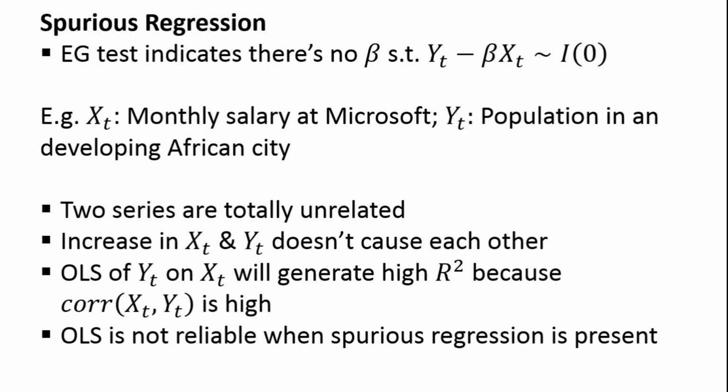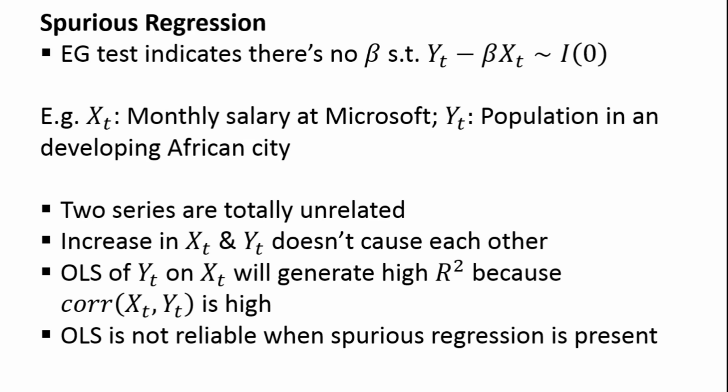So what is really spurious regression? What is the manifestation of spurious regression? Engle and Granger tests indicate there is no beta such that yt minus beta xt is stationary.